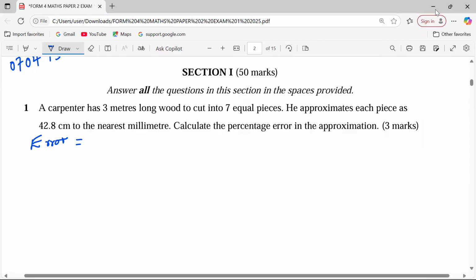We take 300 centimeters, which is the total length of the wood. Then we divide this by 7. So we can have it as a fraction actually. So 42 and 6/7.